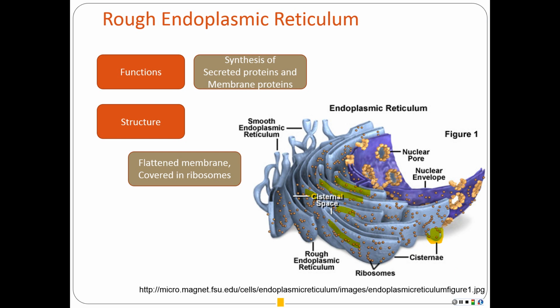When proteins are synthesized, they've got to get out of the rough ER. The way they get out is the rough ER pinches off a part of its membrane, so that the inside of the rough ER, the content of the newly synthesized protein, is now separate in its own what we'll call a vesicle. And it's going to be transported.